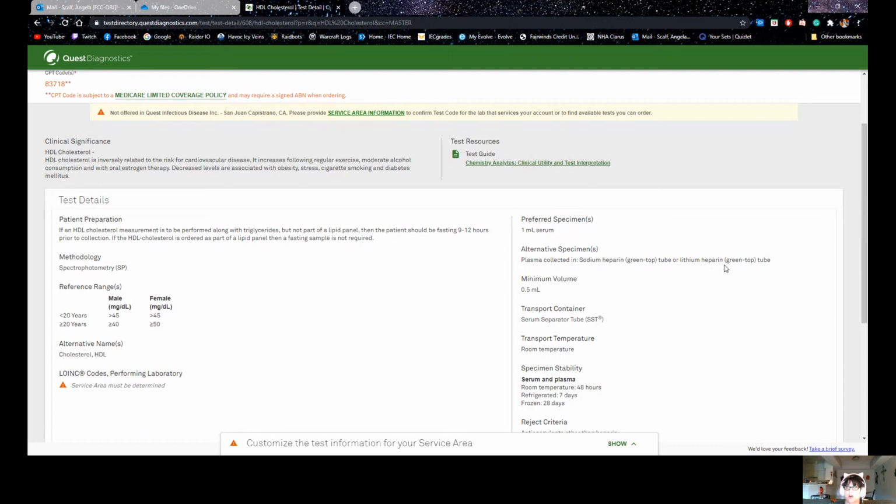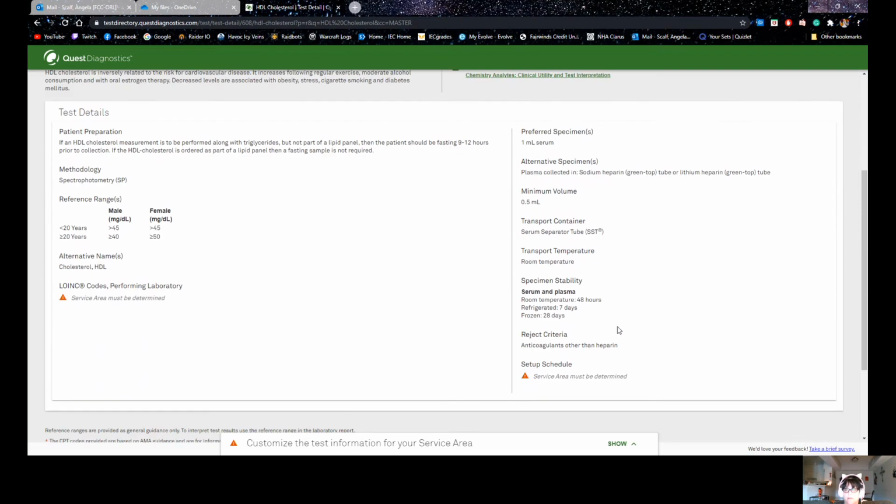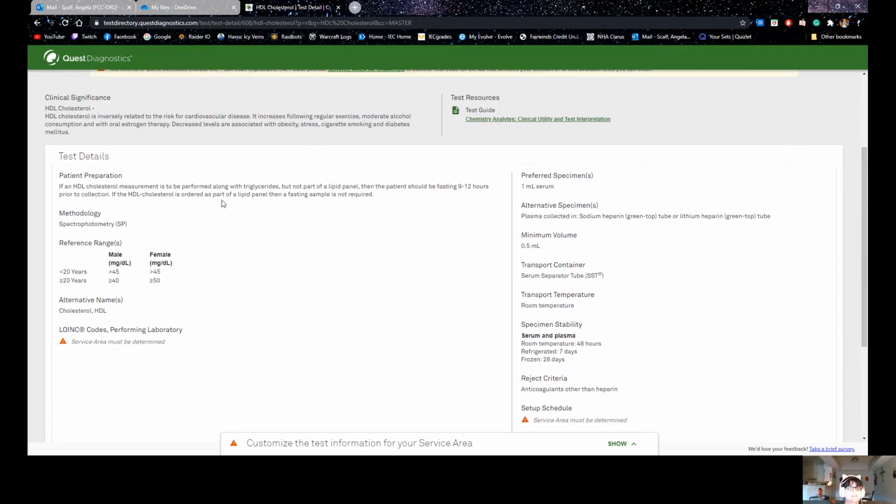Both of these prevent the blood from coagulating and preserve it. And it tells you the minimum that you can get, because sometimes we poke somebody and we just don't get as much as we want. So if you're unsure, you can look and say, okay, well, I got way more than 0.5. This also tells us what our patients should be doing. They should be fasting 9 to 12 hours.